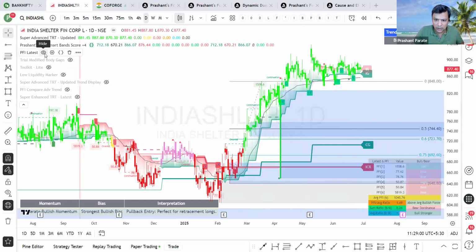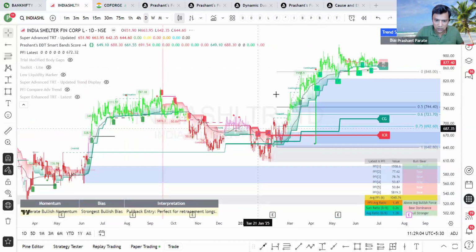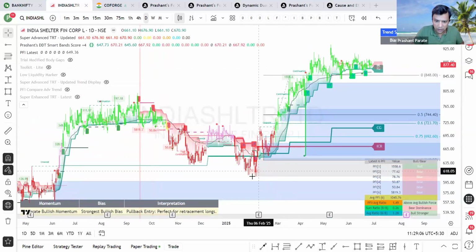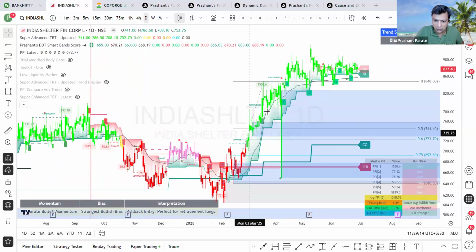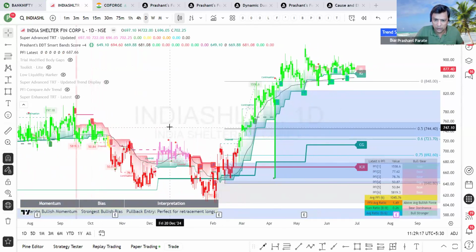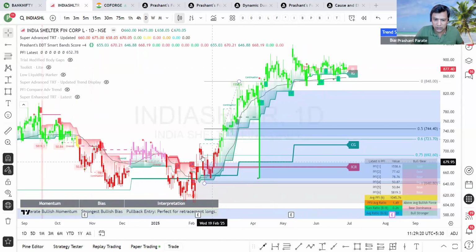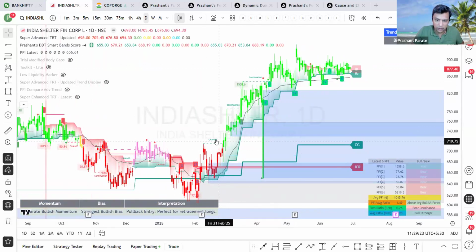The PFIs are not rising. There is not much force. We can see here 1500, 77, 5800. So this is a slightly weird stock, and there is a lot of noise here, but we can definitely see that TRT has given indication of trend change here.